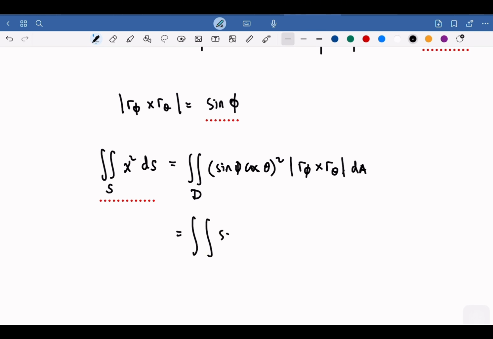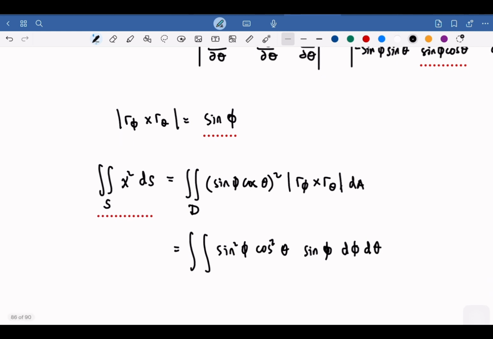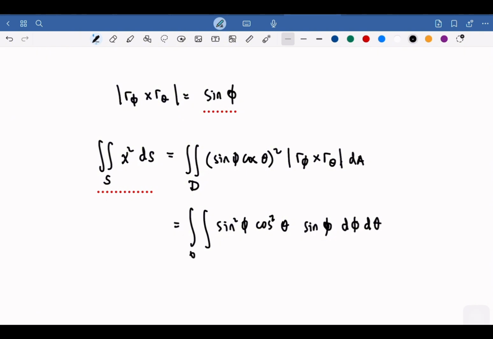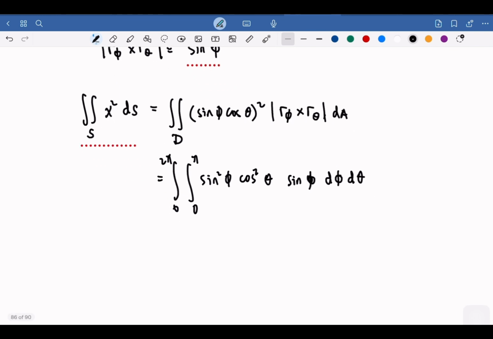This will be sine squared phi cosine squared theta, and the cross product magnitude will be sine phi. Usually we write phi and then theta, but if you switch the order it should be okay because we are integrating over constant limits. So theta from 0 to 2 pi, phi from 0 to pi.